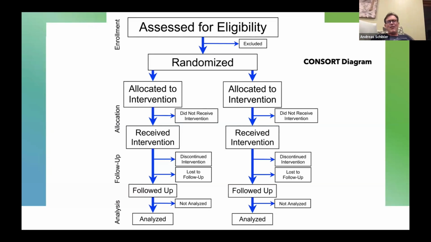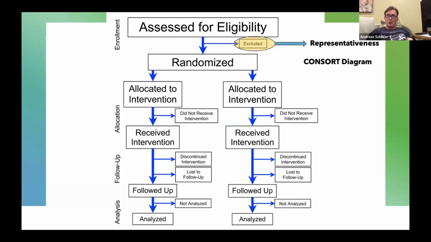And that's a very, very important question when you plan a trial, because when you assess for eligibility and you all of a sudden realize that we exclude a quite substantial proportion of the patients, it becomes a problem of, is this representative? Is this really the population that we are interested in?